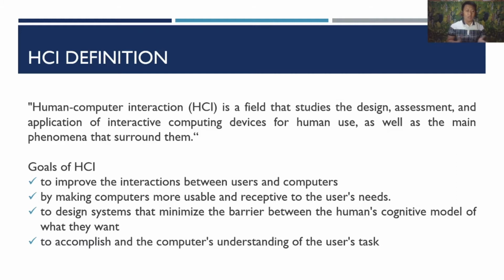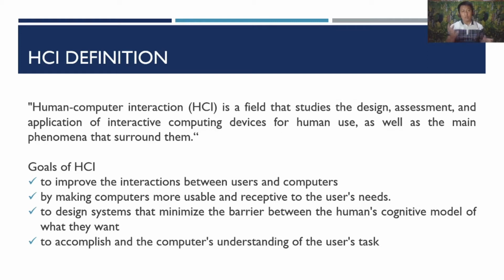Okay, let us go to the goals of HCI. What are the goals of HCI? First, to improve the interaction between user and computer. Yes, the goal of HCI is to improve the interaction between the user and the machine by making computers more usable and receptive to the user's needs.